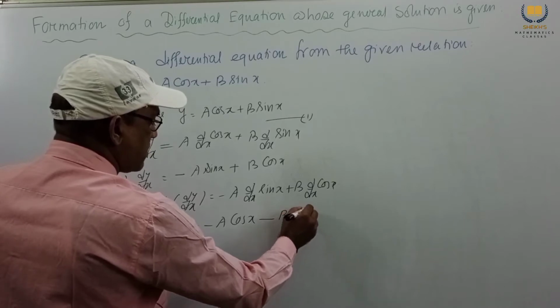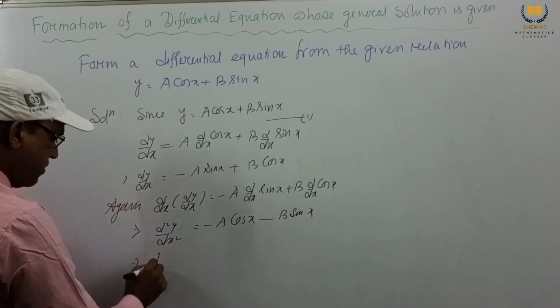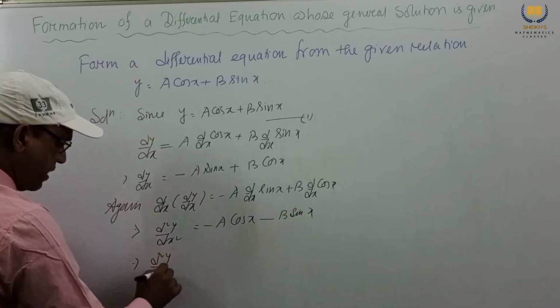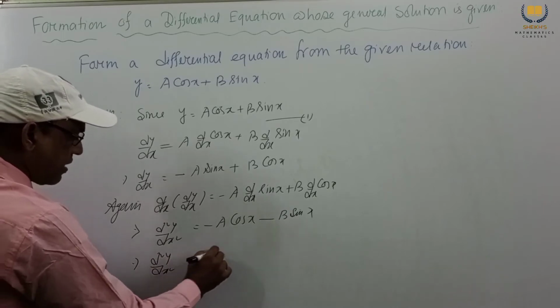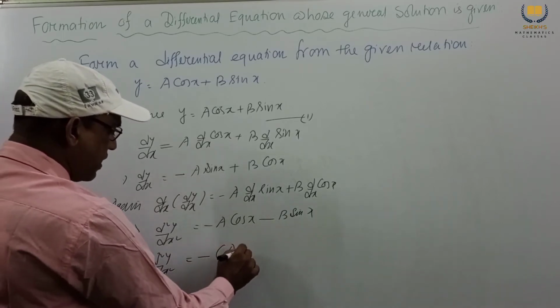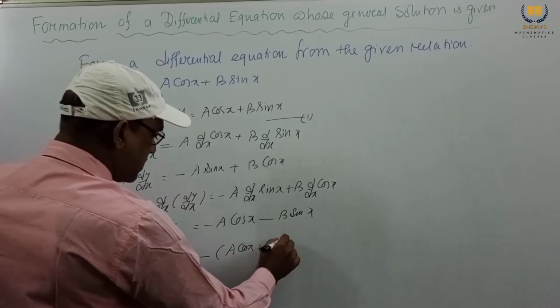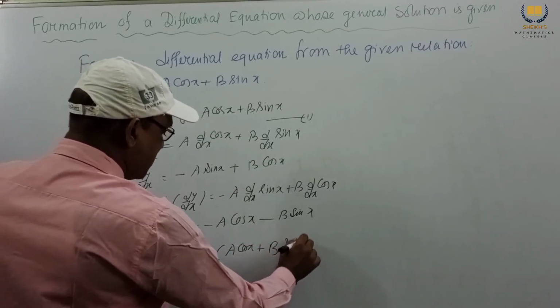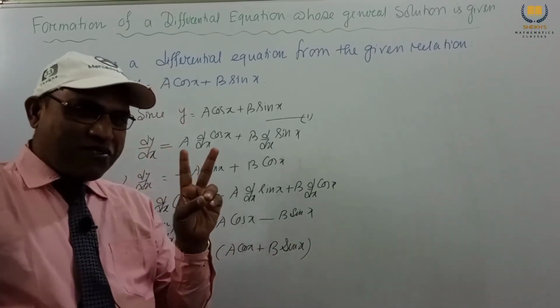So we write this, and this will be d square y/dx square equal to minus, taking the minus sign common, a cos x plus b sin x. So we differentiate two times.